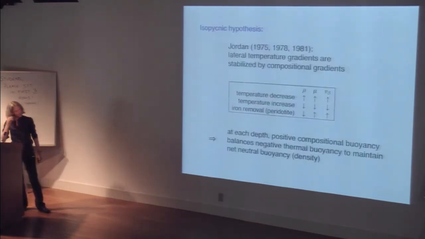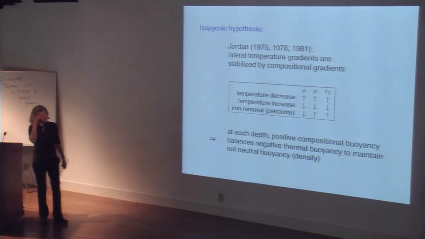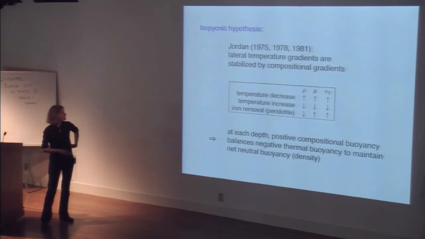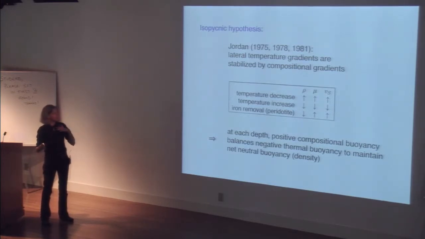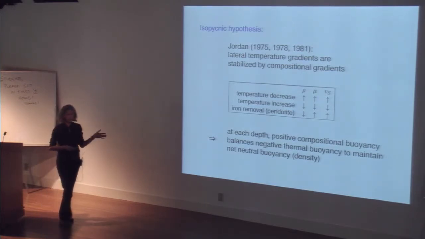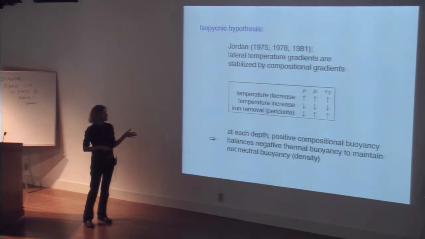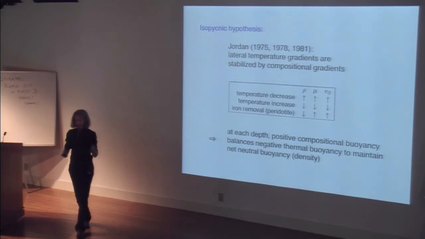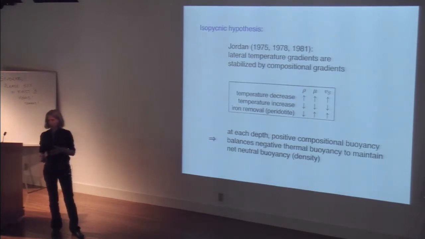Tom Jordan suggested, and a lot of other people have worked on since, including Sinti, that maybe it's cold in the cratonic roots, but that is actually balanced out by a reduced density due to a compositional variation.